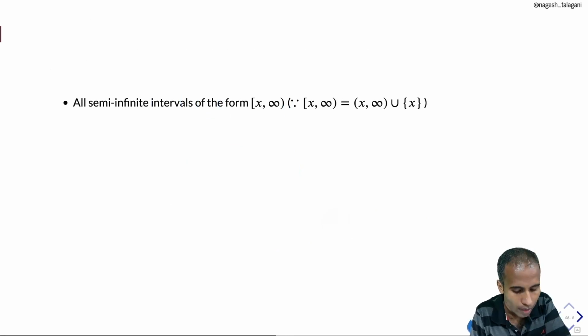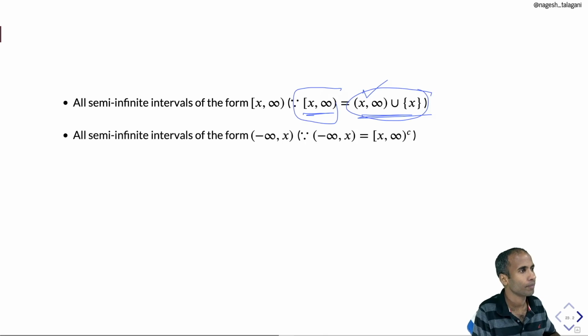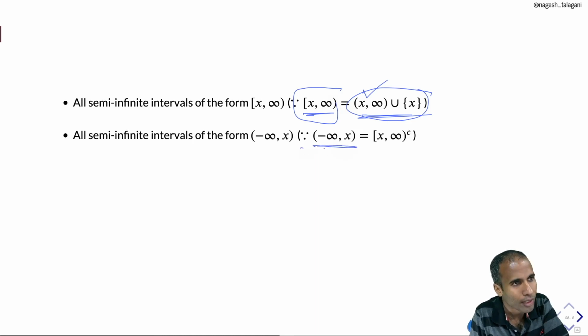Next, infinite intervals of this form are also going to be Borel sets because they can be expressed like this, and we just realized that this is a Borel set and singletons are Borel sets, so closed under finite union, this must be a Borel set, which happens to be this. And similarly, intervals of this form, minus infinity to x, open at x, can be seen as the complement of this interval.